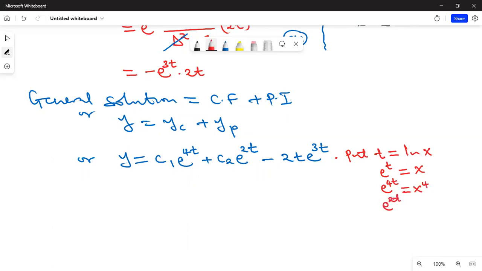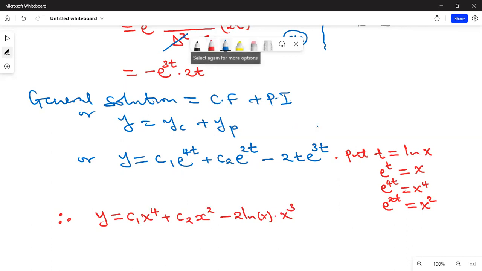Exponential 2t is the same as x squared. So therefore, y is equal to c1 times x raised to 4 plus c2 times x squared minus 2 ln x times exponential 3t, that would be x cubed.